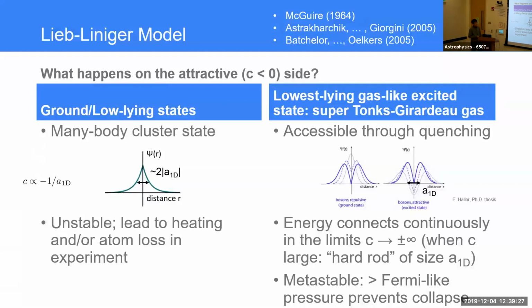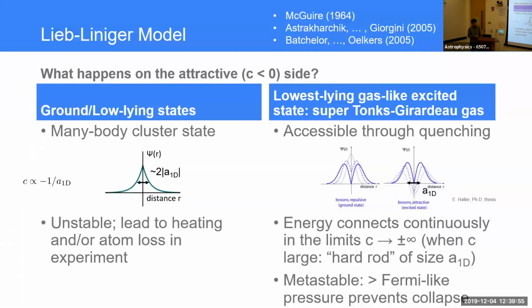At infinite attraction, it actually is exactly the same as that of the Tonks-Girardeau gas. And as we decrease the attraction slightly, exclusion volumes start to develop around 0 distance, and the length scale is also set by the 1D scattering length. That is why a mental picture that you can think of when thinking about the super-Tonks gas is that it's essentially a gas of hard rods.